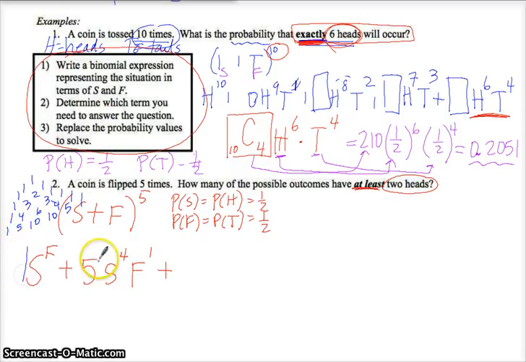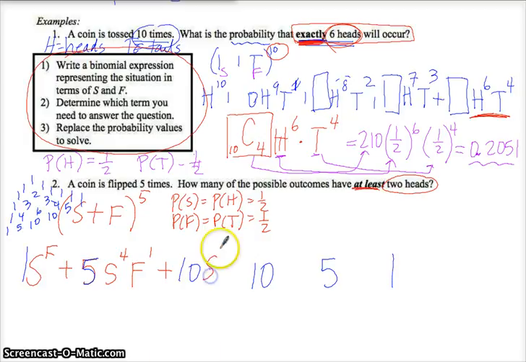So this is a 1, this is a 5, then I have a 10, then I have a 10, then I have a 5, and then I have a 1 again.